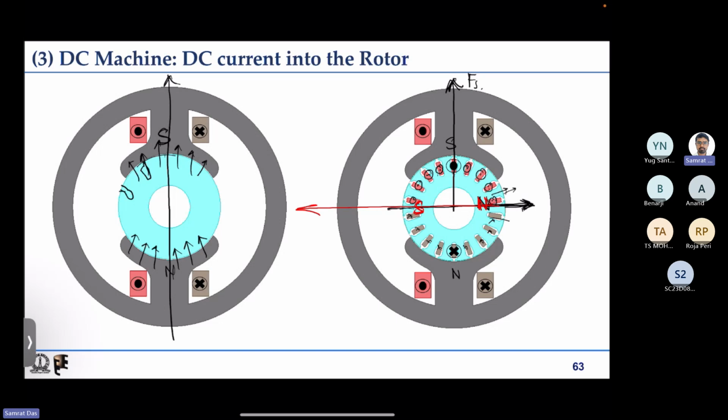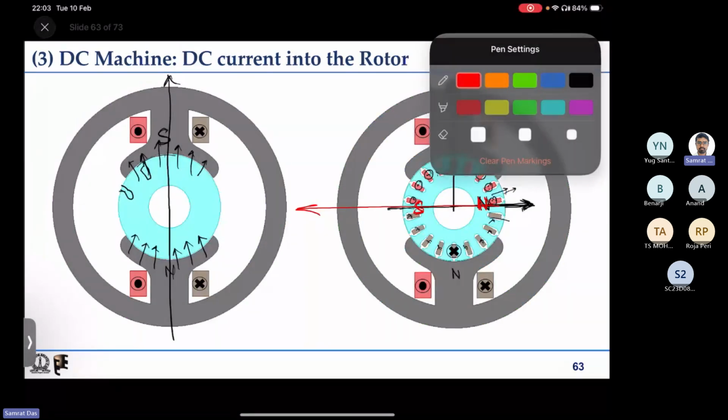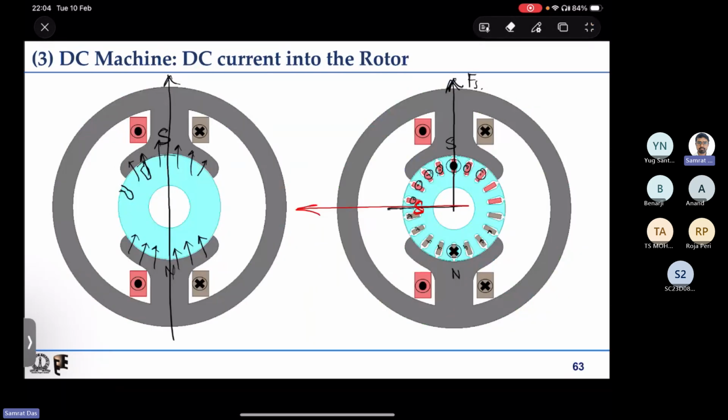As soon as it rotates, say this was our current directions. Now as soon as it rotates by some angle, say this is conductor 1, this was conductor 18.